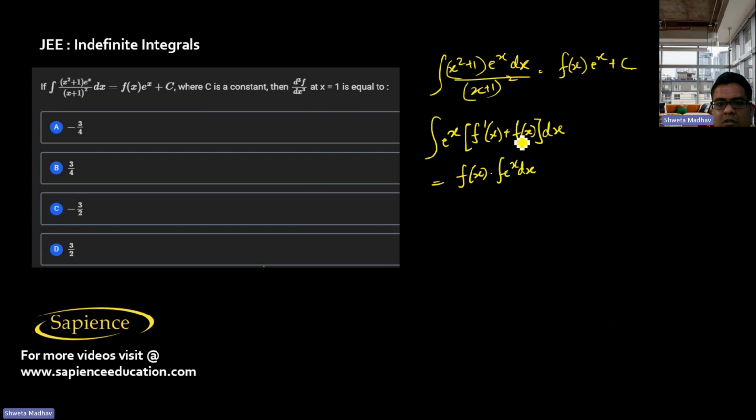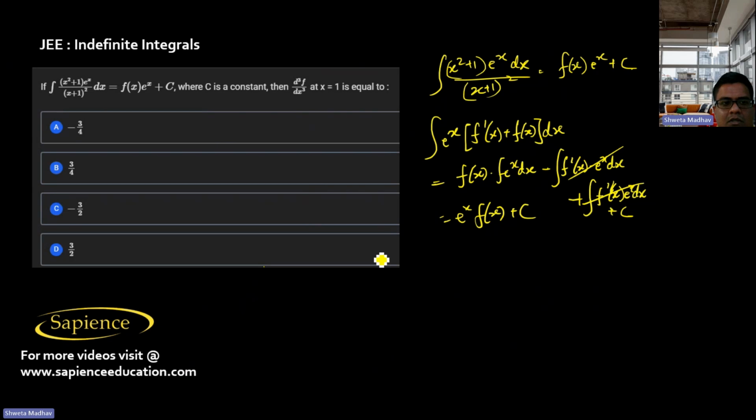Here we can apply integration by parts, then minus integral f dash x into e power x dx, then plus integral f dash x e power x dx. So these two parts will cancel. So the answer is e power x into f of x plus c.